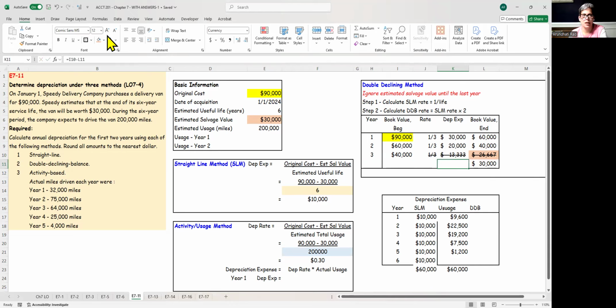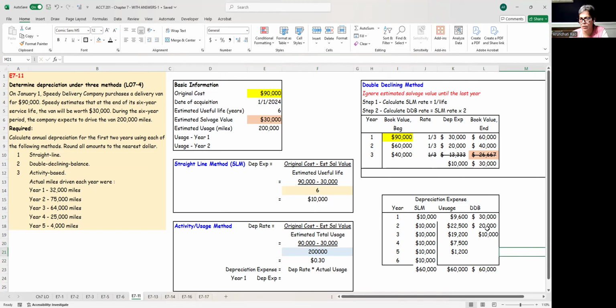I need to depreciate only $10,000. 40 minus 10 will give me 30. So in this double declining balance method, the first year I depreciated 30,000. Second year I depreciated 20,000. Third year I depreciate 10,000 to get me that total of 60,000 I'm depreciating.